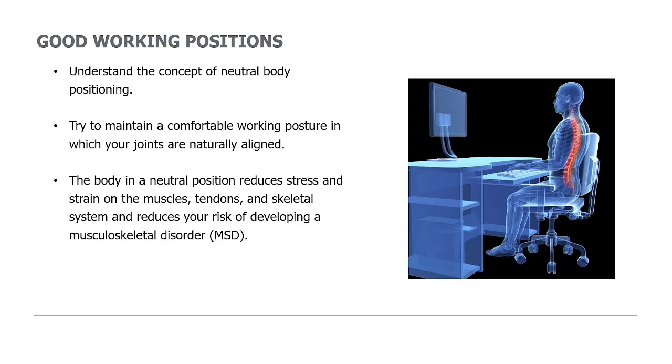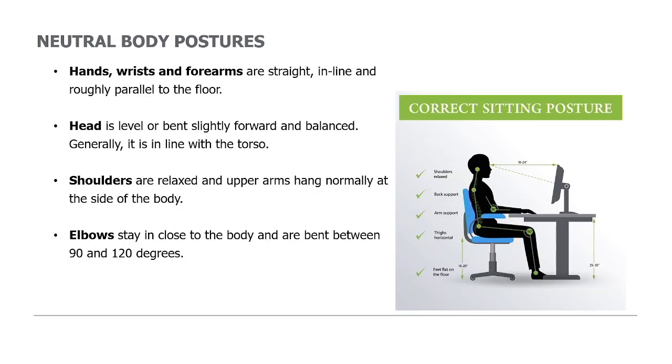It does reduce stress and strain on the muscles, the tendons, and the skeletal system. And once again, it does reduce your risk of developing musculoskeletal disorders, or MSDs. That all comes back to a good working position or working posture.